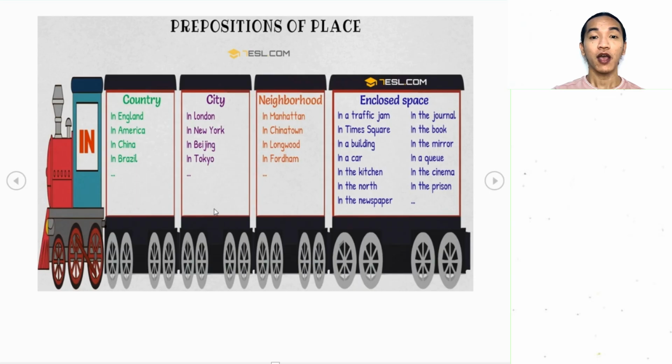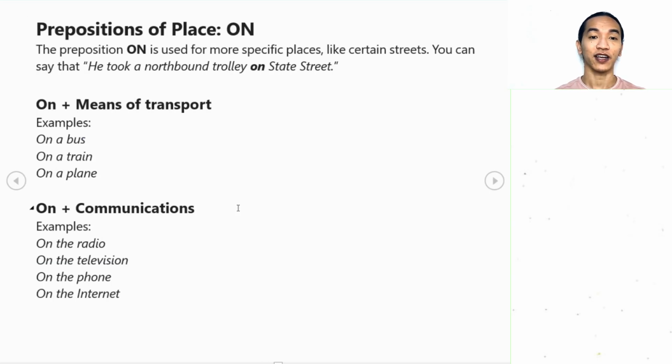All right, moving forward, let's talk about on. On is used for more specific places, like certain streets. So you can say that he took a northbound trolley on State Street. We use on when we are talking about means of transportation, like for example, on a bus, on a train, on a plane.